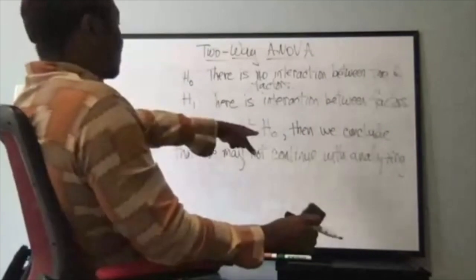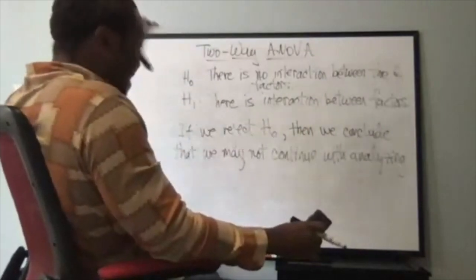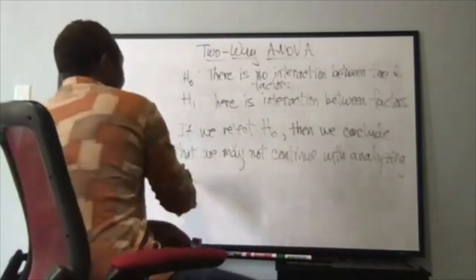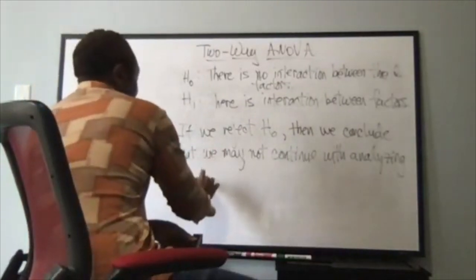Okay, if we reject H sub 0 in this step for interaction, then we conclude that we may not continue with analyzing the data.